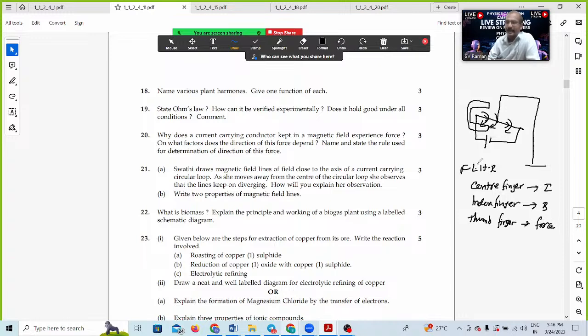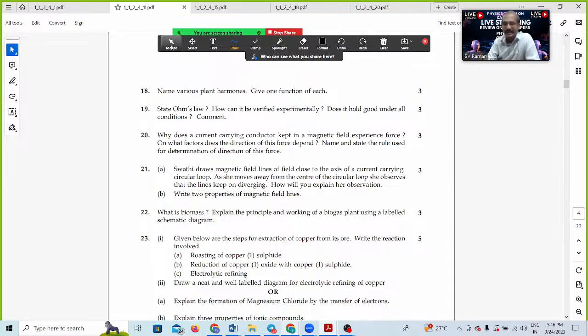So we have to place our center finger along the current direction, the index finger will indicate the magnetic field direction, and the thumb finger will indicate the force direction. So this concept we write for 3 marks.